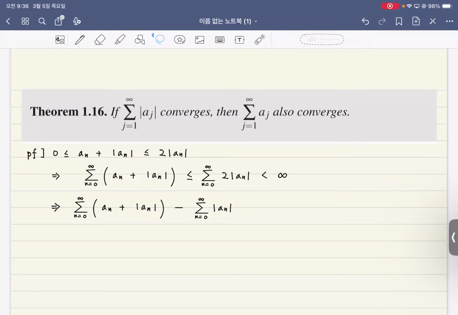Because of the definition of the infinite series, this should be understood as the limit of the partial sum sequence, as n goes to infinity, of the sum from j equals 1 to n of aj plus the absolute value of aj, minus another limit.